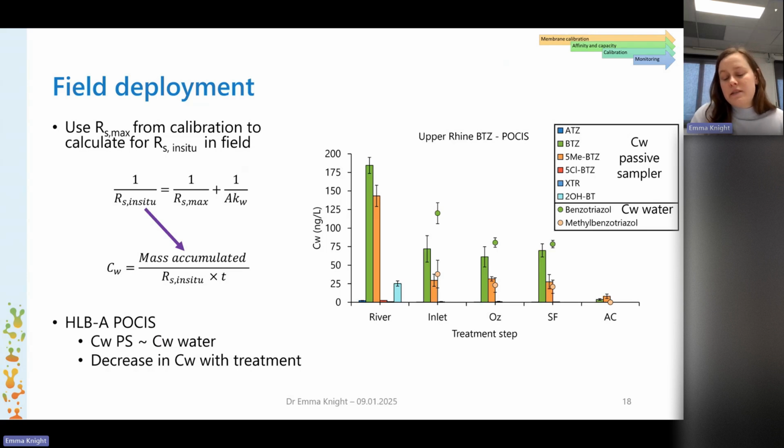But it does lead to slight differences. But for the most part, this is really cool that we are seeing very similar concentrations and that we're still seeing the decrease in concentration in the water with treatment step. We do have more data that we're comparing. This is just for the POCEs, but we do have the DGT and the NPT data too, which is also looking really promising.